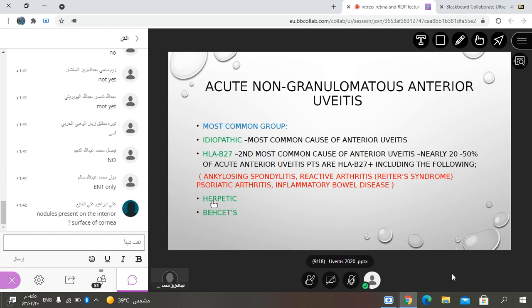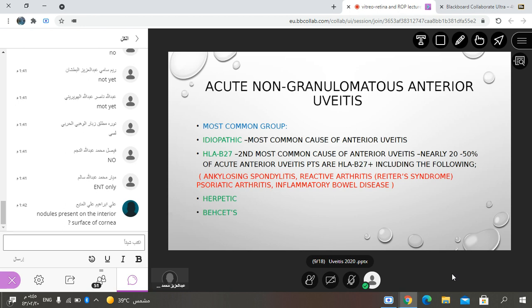We see it in immunocompromised patients, whatever the cause is. This results in herpetic retinitis with severe retinal inflammation, multiple breaks, retinal detachment, and the prognosis is very, very poor.